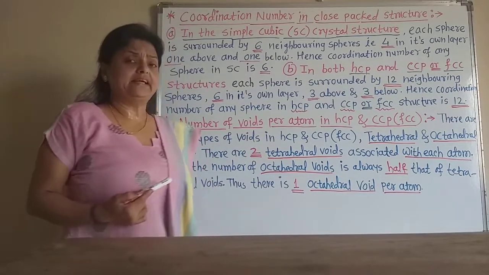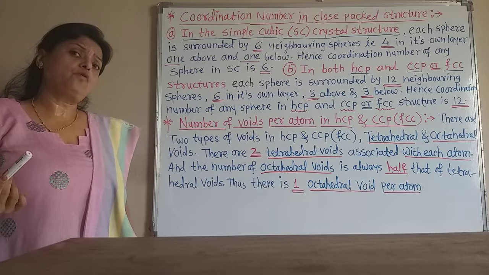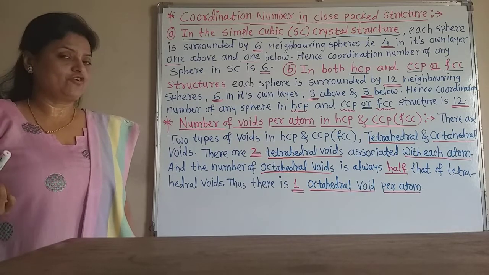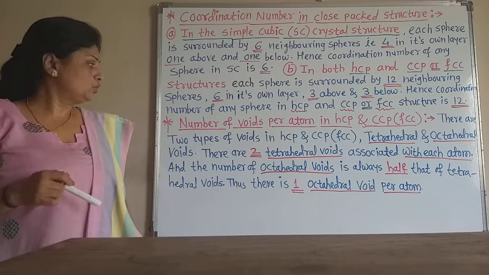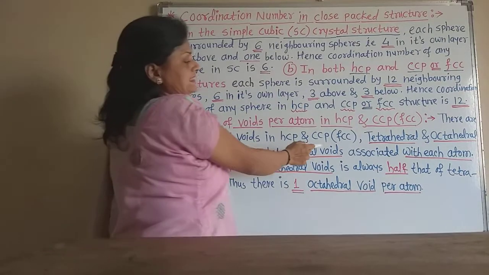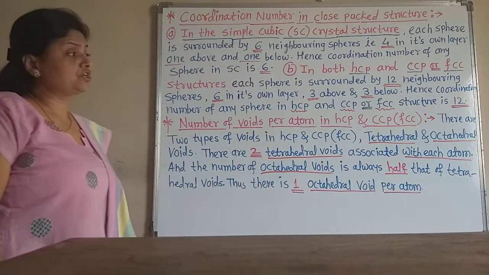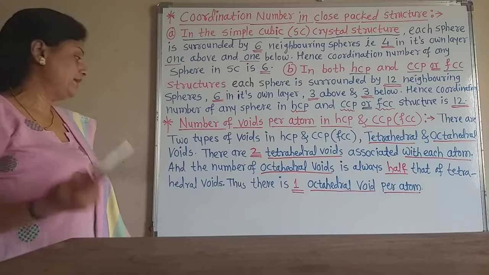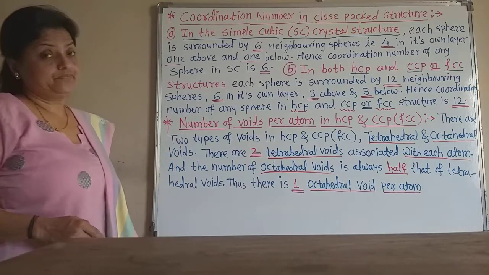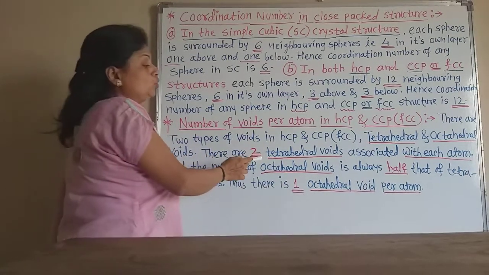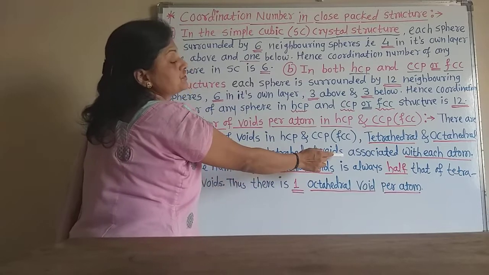There are two types of voids. We already learned that: the tetrahedral voids and the octahedral voids. So there are two types of voids in HCP and CCP or FCC structure, the tetrahedral and octahedral voids. Now there are two tetrahedral voids per atom.